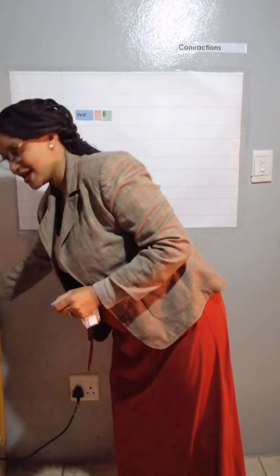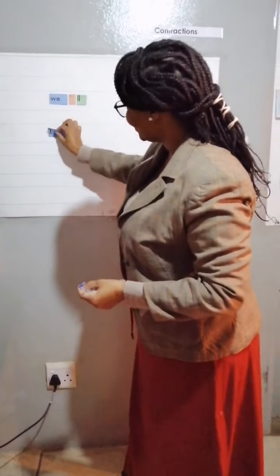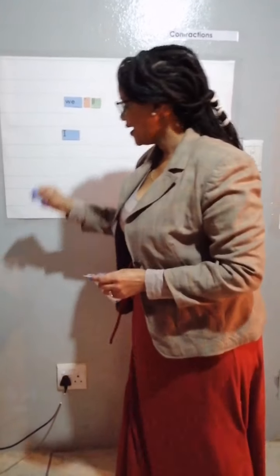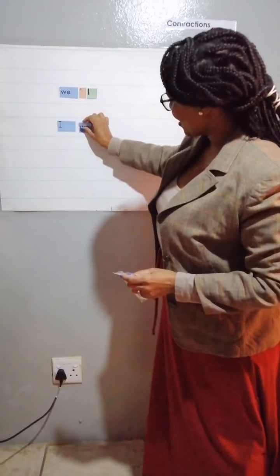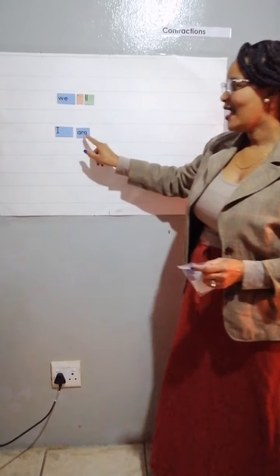The next word that I can give you as an example before you start with your activity is I am. I will take the letter I. Here is I. I put I right there. And we say am. I am. Here we have I am.